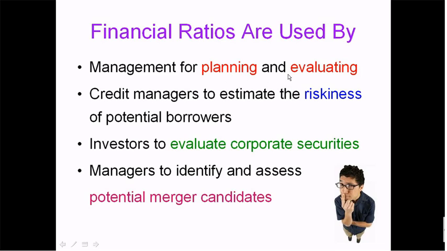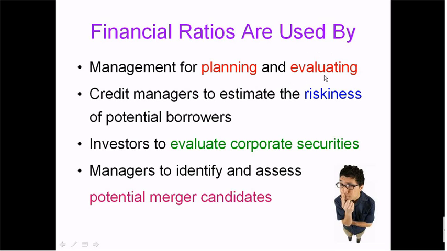C stands for controlling. So under the controlling function, we have to evaluate performance and take corrective actions. So how do we evaluate the performance of a firm? We refer to the goals that we have set in the planning stage, and we compare them with the actual results.